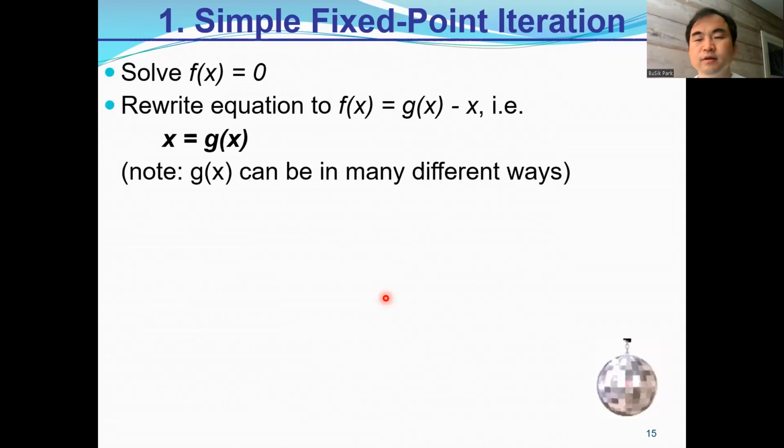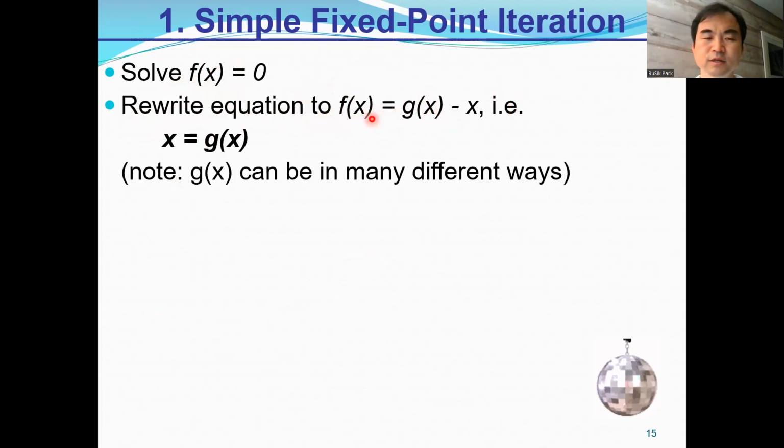And then there are several open methods. The first one is the simple fixed point iteration method. When we have the y equals f(x) graph, we rewrite the equation as f(x) equals g(x) minus x.